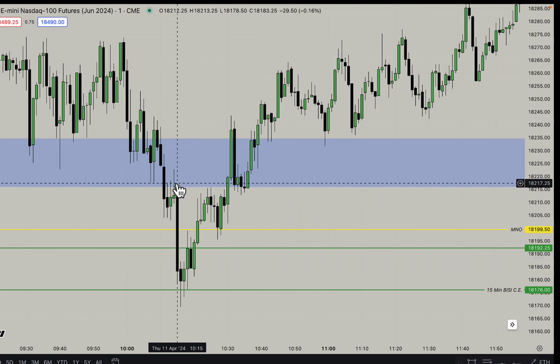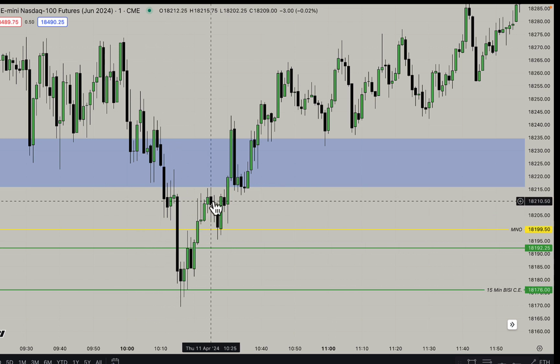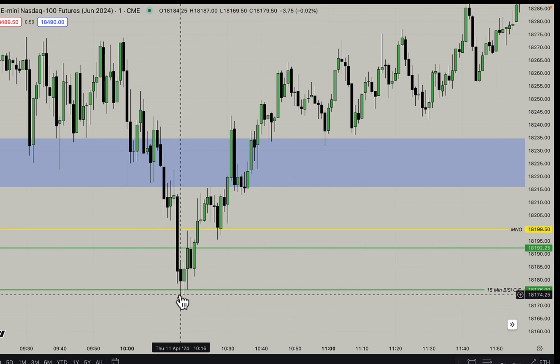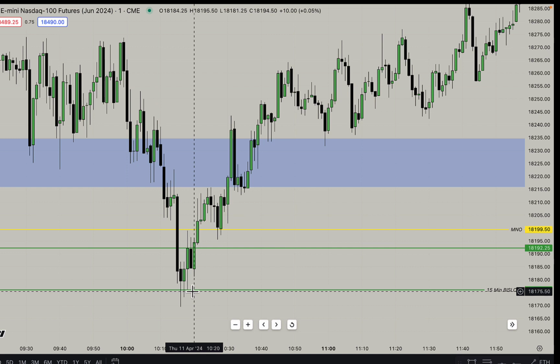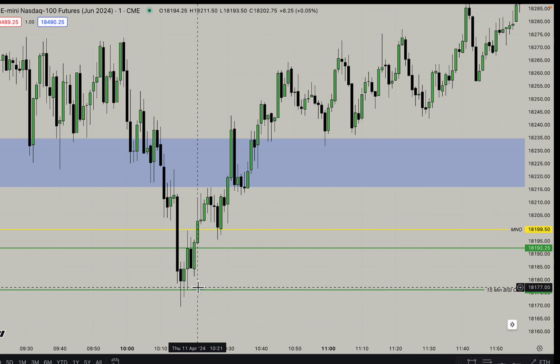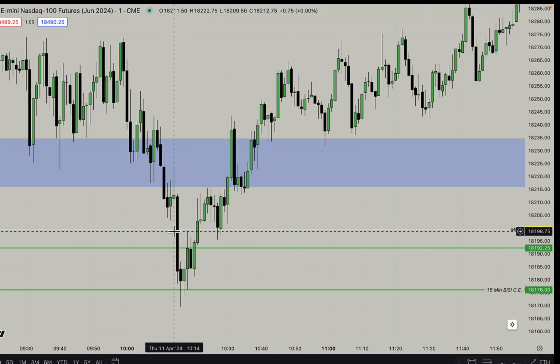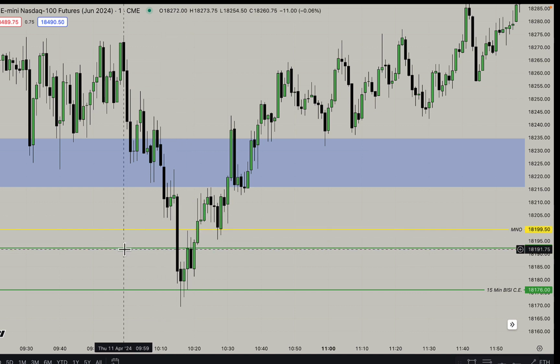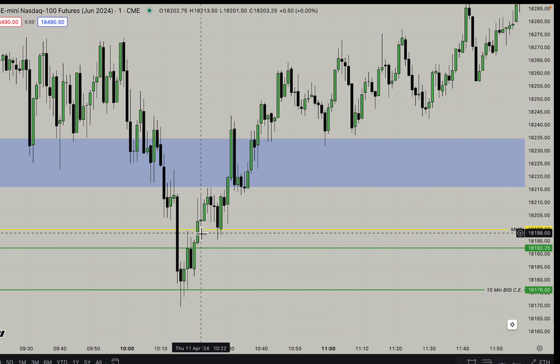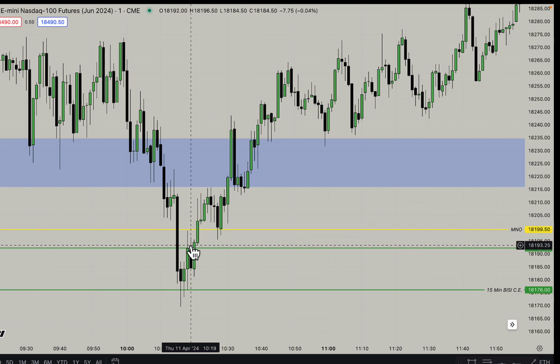What should we expect that to be like after we just run through it, after we trade into the consequent encroachment of the 15-minute fair value gap? We want to see that act as an inversion level, don't we? What does it leave? A fair value gap right in there.